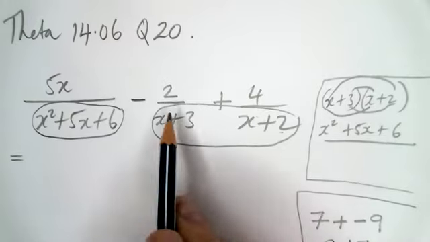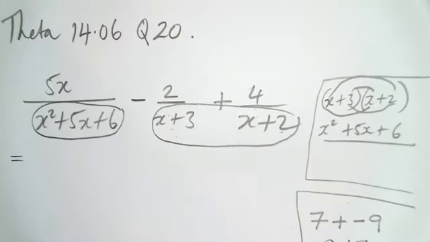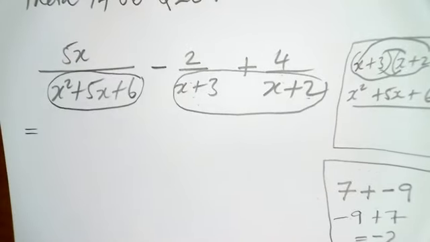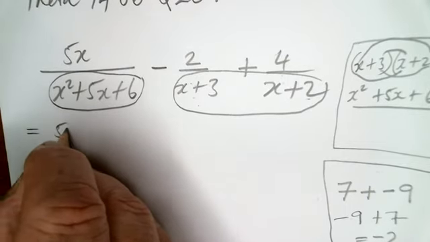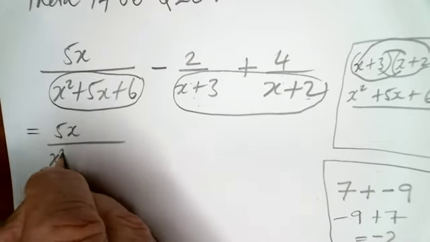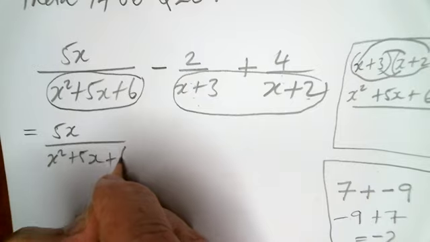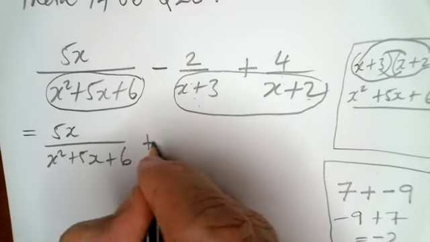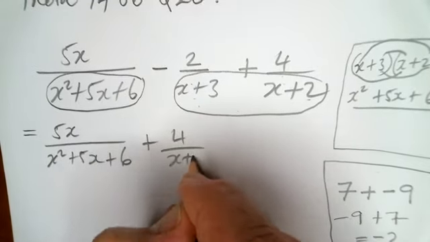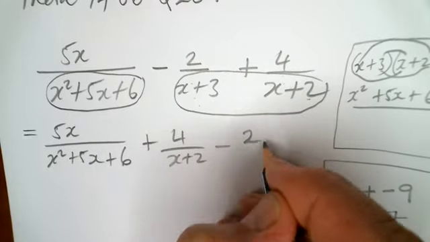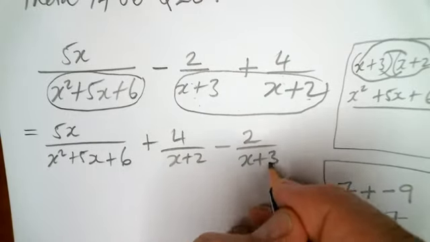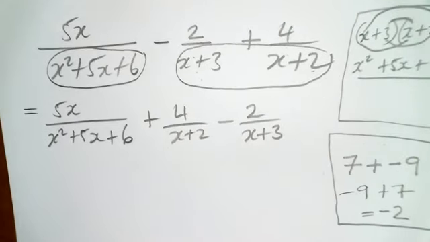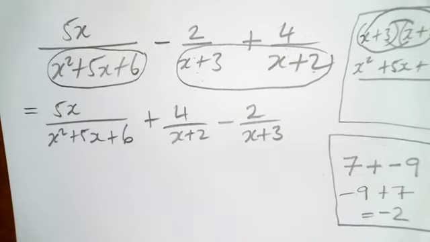So we could swap these around. It wouldn't make any difference to the equation. So I could, if you like, go 5x on x squared plus 5x plus 6, and then plus 4 over x plus 2, and then subtract the 2 over x plus 3, and it really makes no difference. It's the same thing.